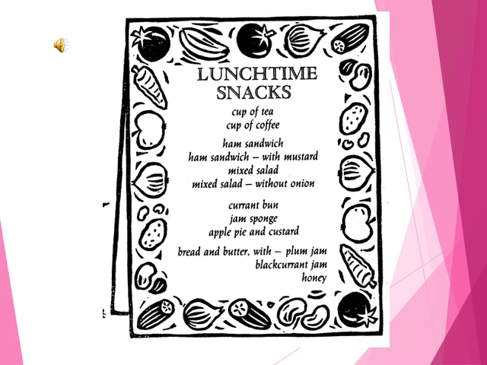Okay, now that you have done your analysis, let's hear the words. 4-2-A. Listen to someone reading out the menu on page 99. Lunchtime snacks. Cup of tea. Cup of coffee.